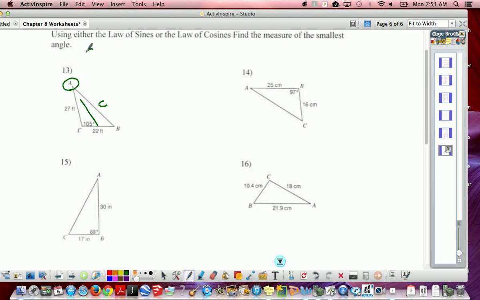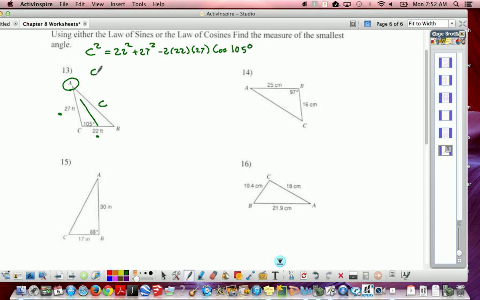To find little c first, I'm using side, angle, side, the two sides with the angle in between, so I'm using the law of cosines. So c squared equals 22 squared plus 27 squared minus 2 times 22 times 27 times cosine of 105 degrees.